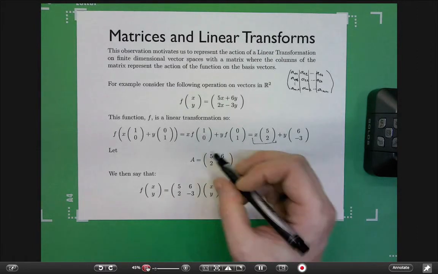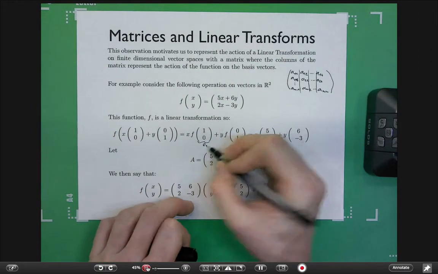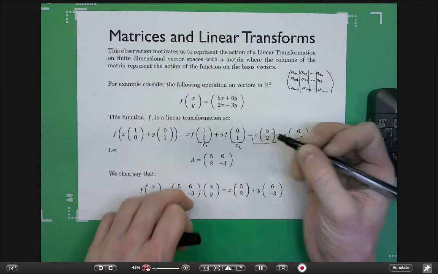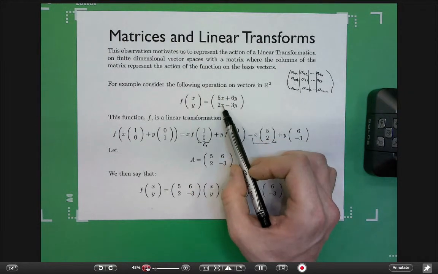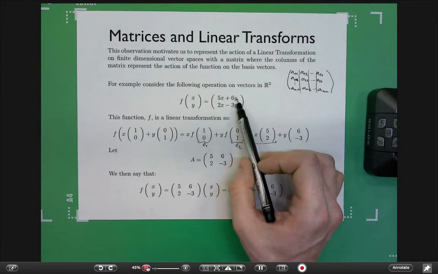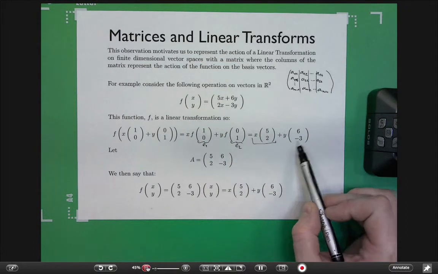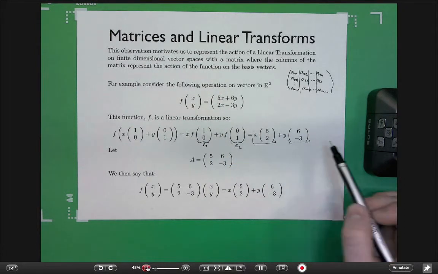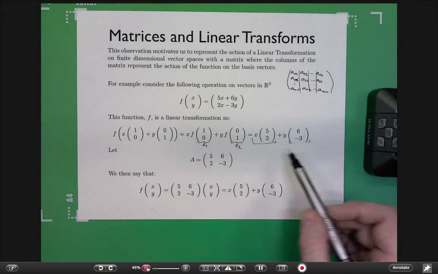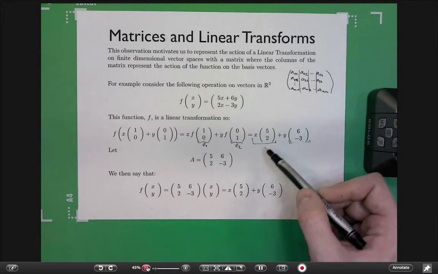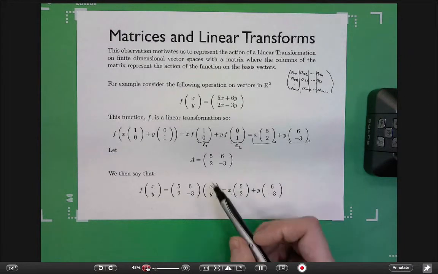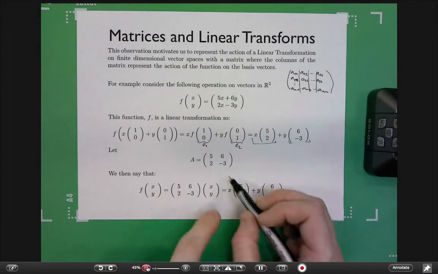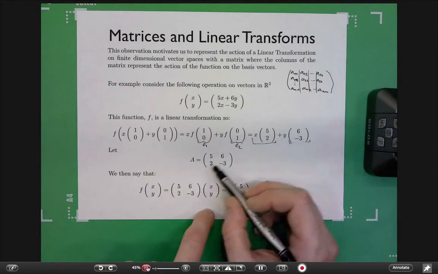Second one, e2. This is my e1, this is my e2. For e2, that means that x is 0 and y is 1, so I get 6 and minus 3, and I write it here. So instead of writing it this way, like x times the vector (5, 2), and y times the vector (6, minus 3), I can just define a matrix which stacks these column vectors, (5, 2) and (6, minus 3).